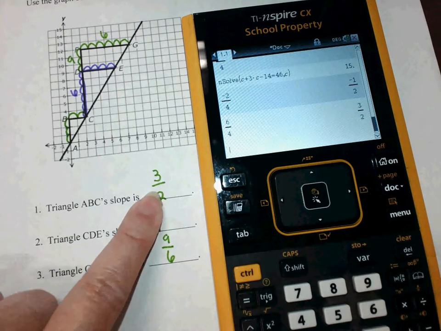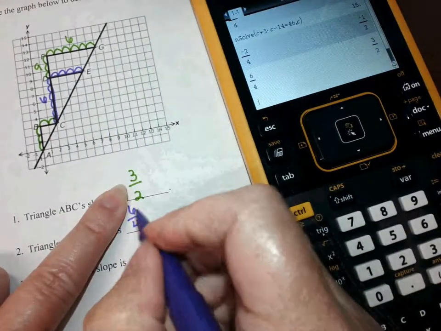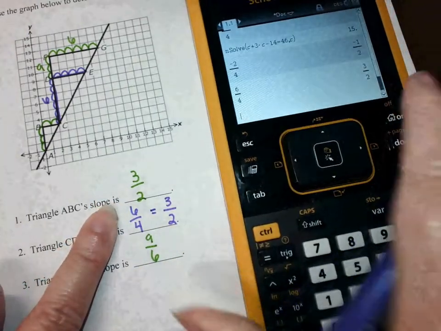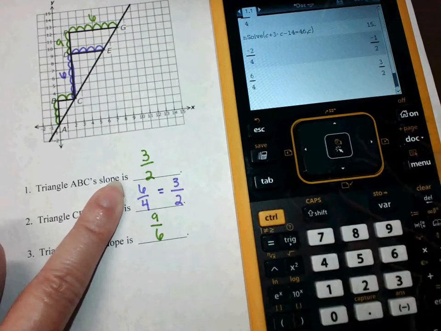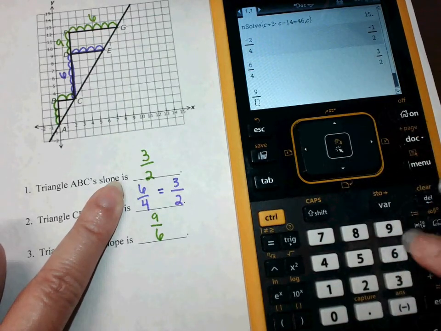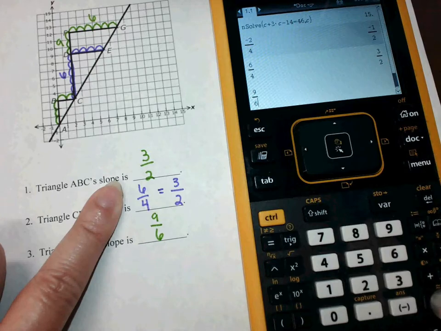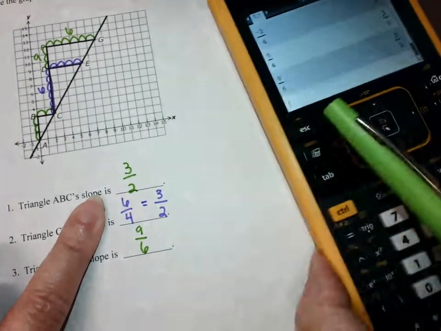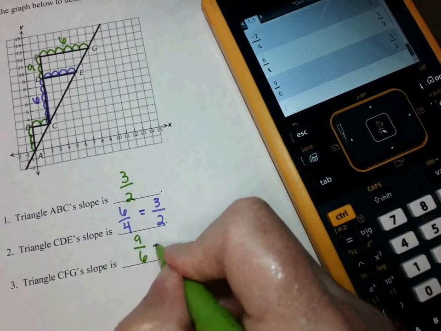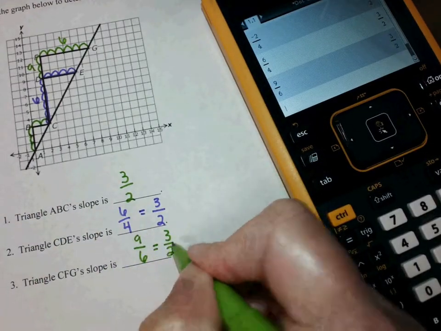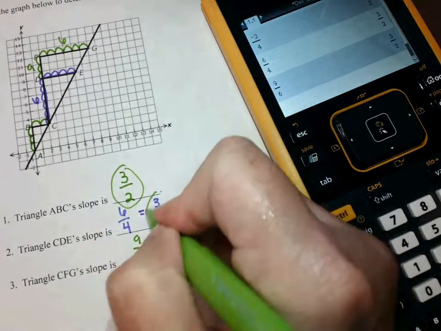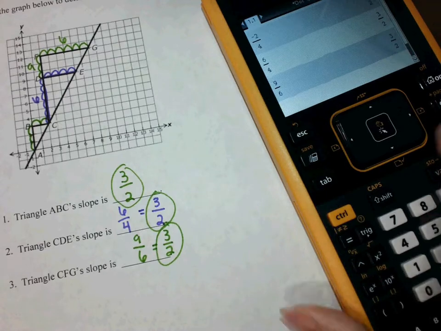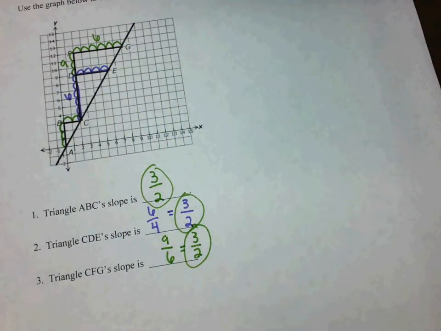Oh, it equals 3 over 2. Look at that. All right. If I do 9 over 6 and hit enter, oh, it also equals 3 over 2. So the slope is the same for all three similar triangles. 3 over 2. And that is today's lesson. That's it.